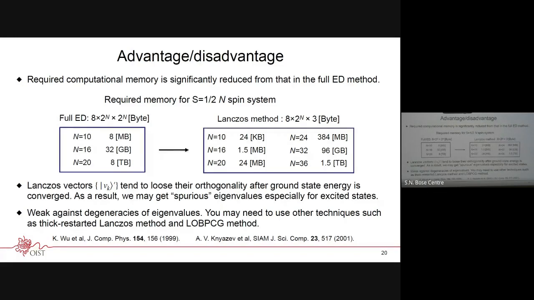Yes. Can I ask a question? Yes. Is it possible to use the Lanczos method for an all-to-all interacting system? Sorry? All-to-all interaction. Probably you assume there is a short-range interaction. I understood that the point is that you don't need to store the Hamiltonian itself in your computer.